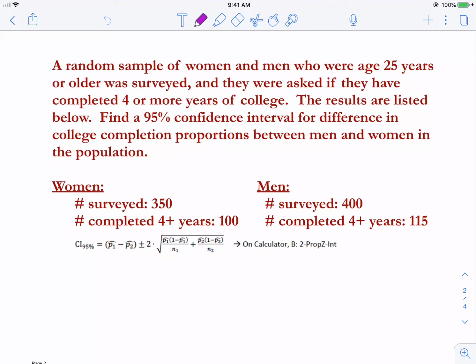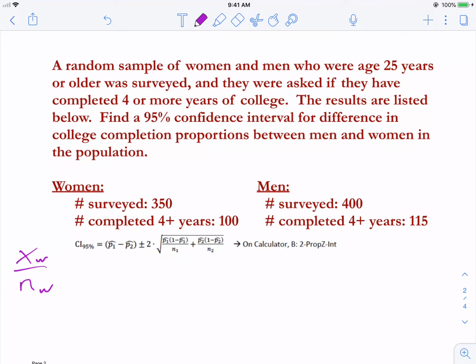So we see our data right here below, and we want to try to organize this. Remember that this p-hat value, which represents a sample proportion, is made by dividing your x value by the sample size. And we have two of those here because we're comparing men to women. So we have an x value and a sample size n for women, and the same thing for men.